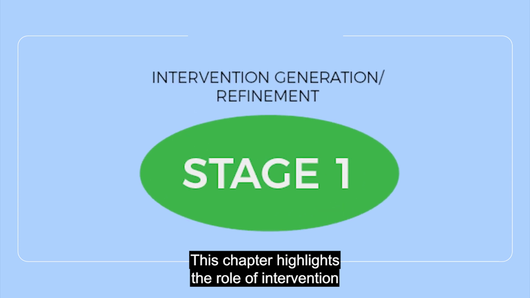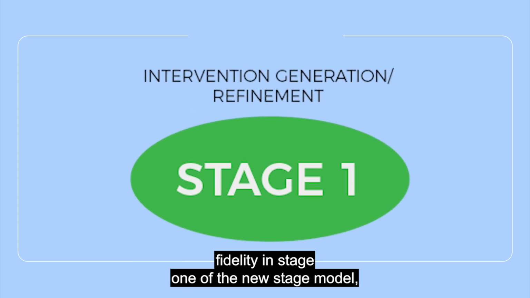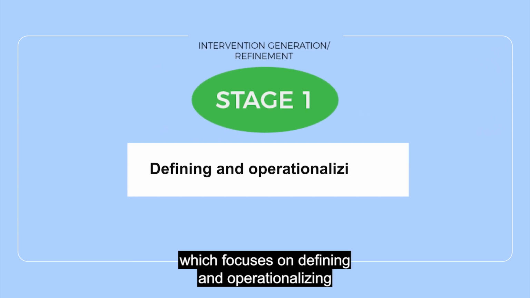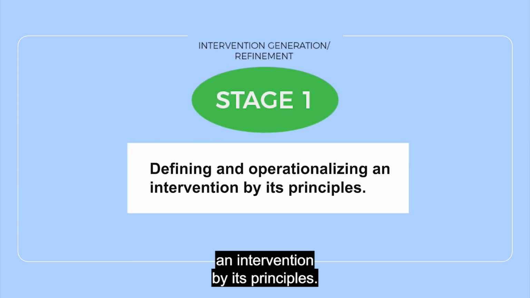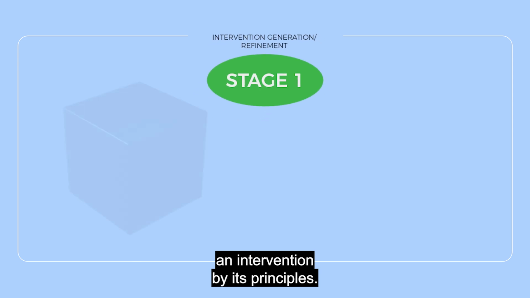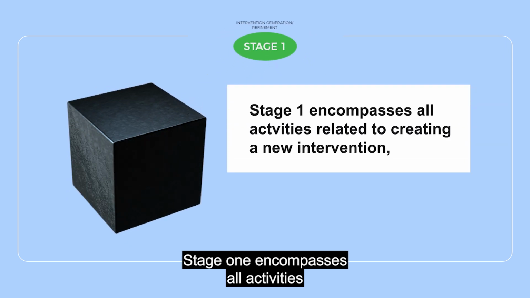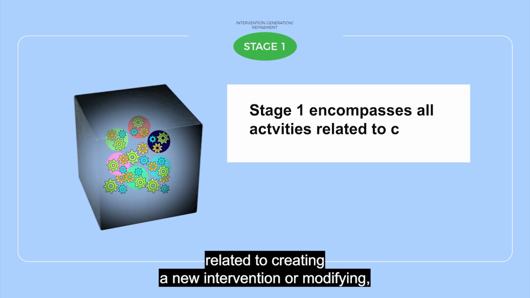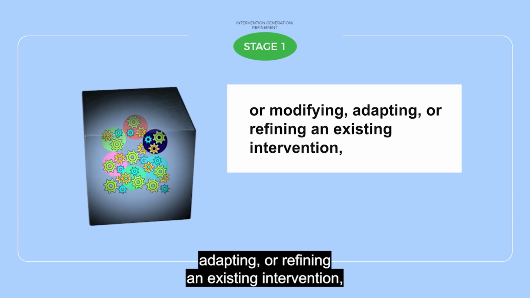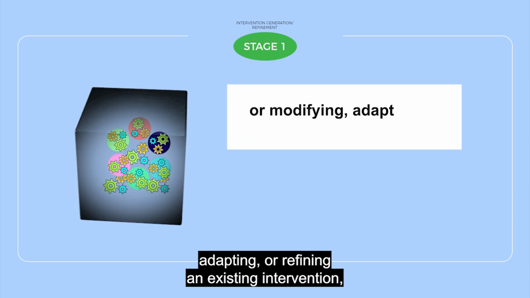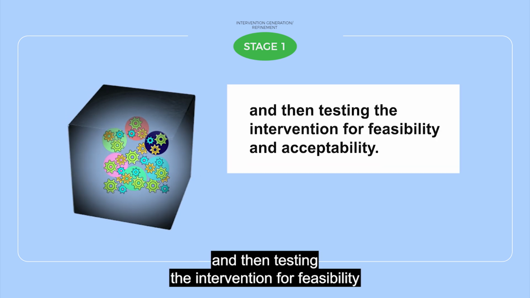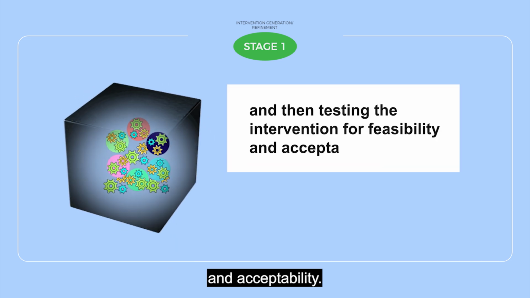This chapter highlights the role of intervention fidelity in Stage 1 of the NIH Stage Model, which focuses on defining and operationalizing an intervention by its principles. Stage 1 encompasses all activities related to creating a new intervention, or modifying, adapting, or refining an existing intervention, and then testing the intervention for feasibility and acceptability.